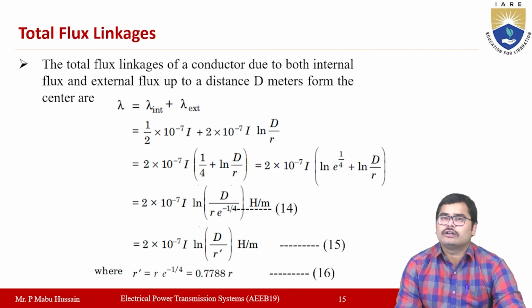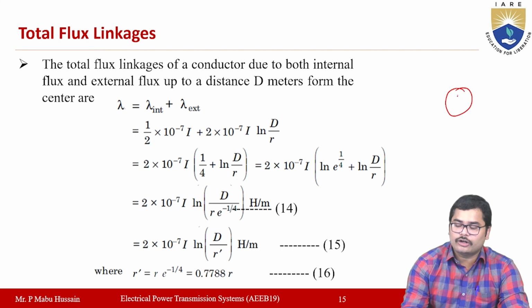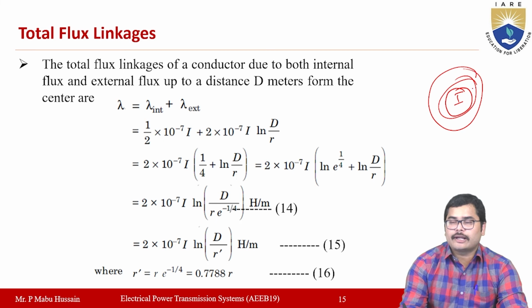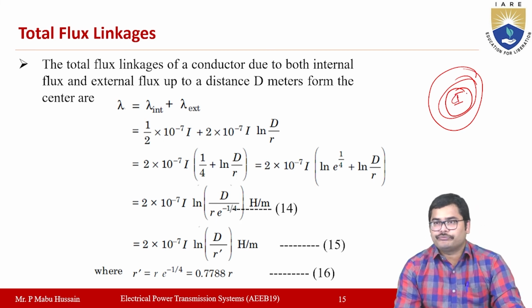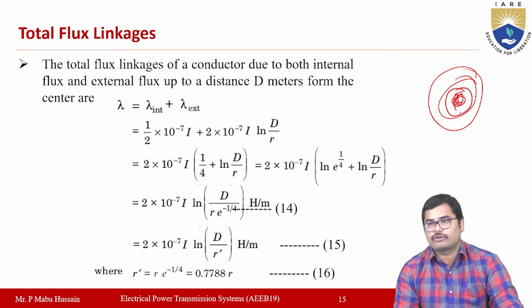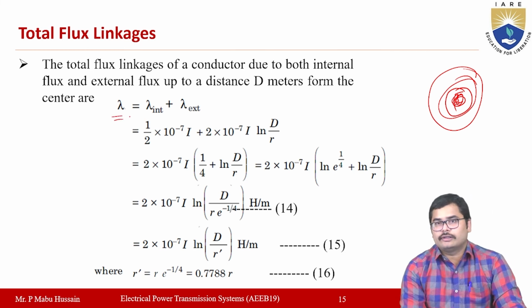Then what about the total flux linkages? If you take a conductor and pass the current through it, it produces magnetic flux. This magnetic flux will link with this conductor, and the total flux linkages due to the internal flux as well as the external flux, if you consider both, will be lambda, which is equal to lambda internal plus lambda external, right?